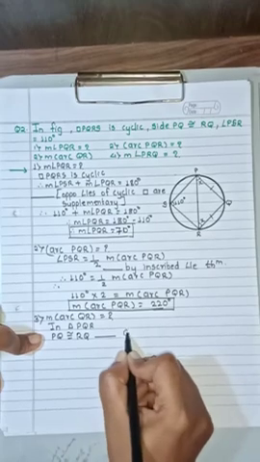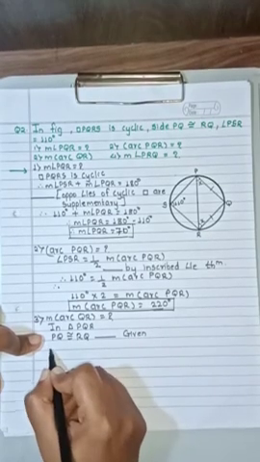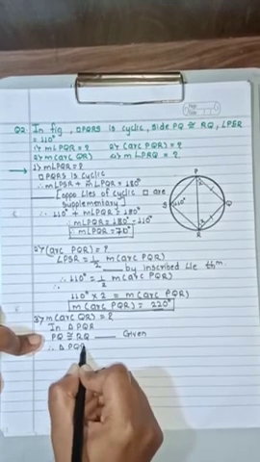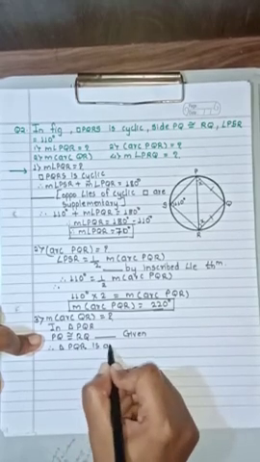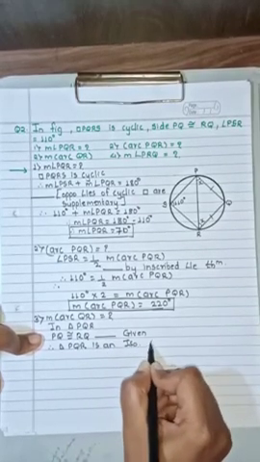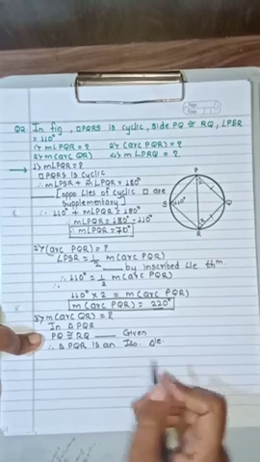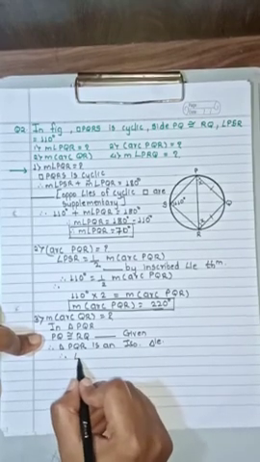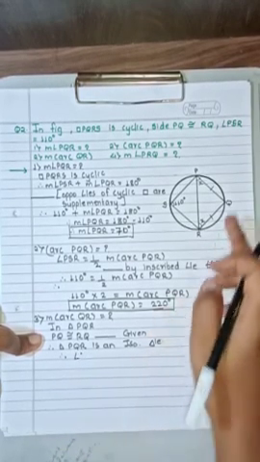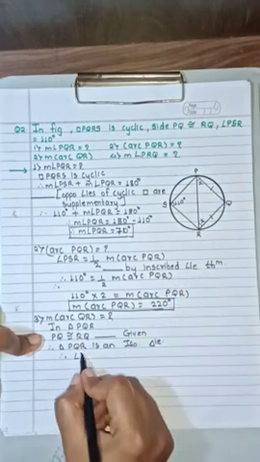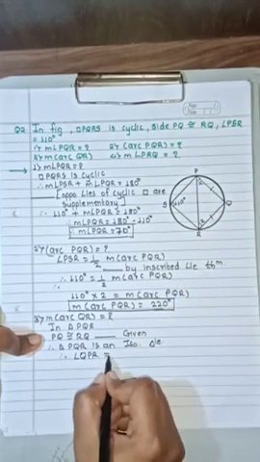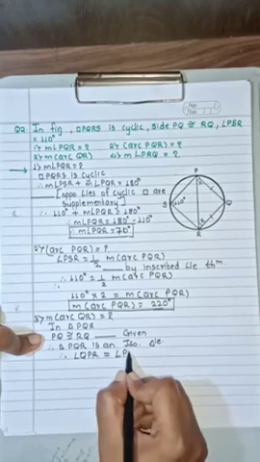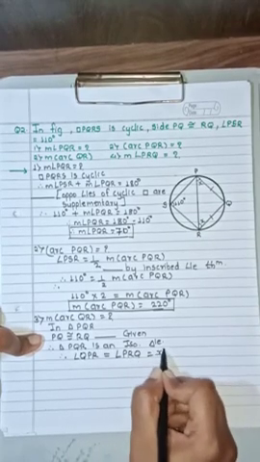Okay, this is given. Therefore triangle PQR is an isosceles triangle. Therefore angle QPR is equal to angle PRQ. We'll consider it as X degrees.